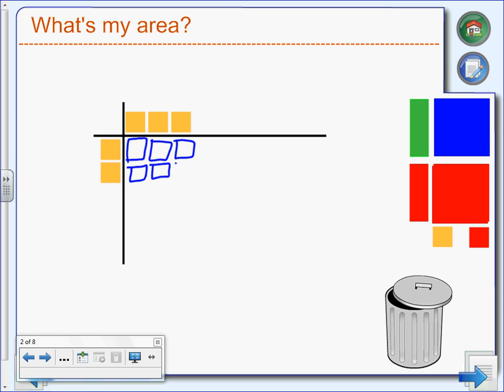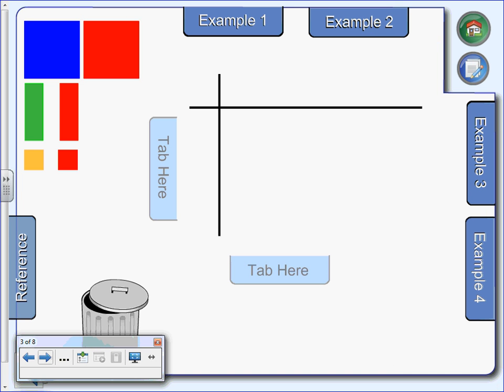And 1 times that last one is 1. See how I made a rectangle? It's not perfect, I know. But see how I made a rectangle? And to figure out that 2 times 3, we could look at it visually to figure out it has an area of 6.